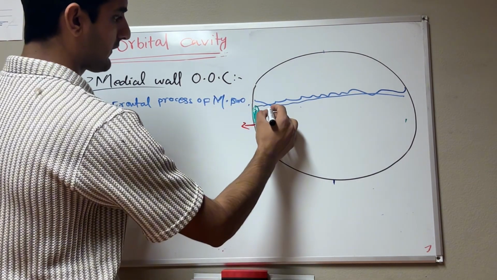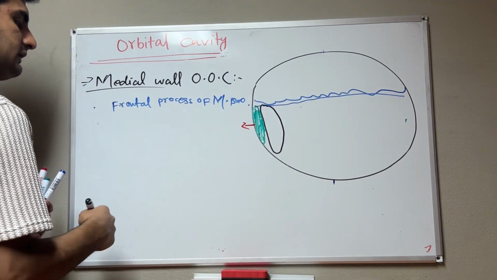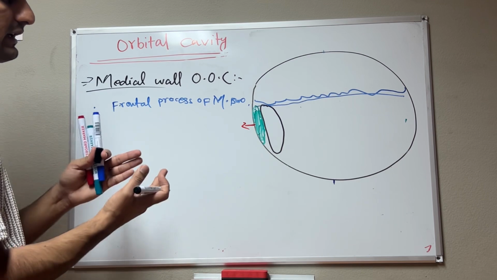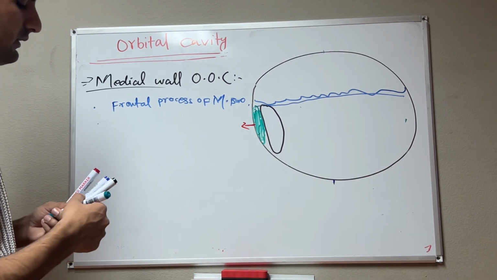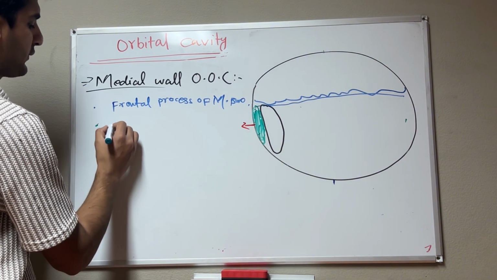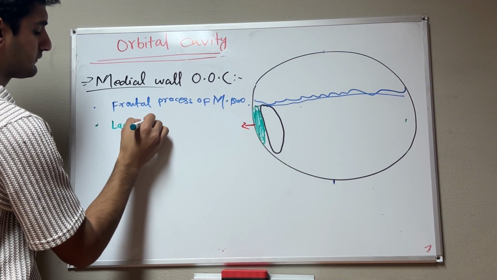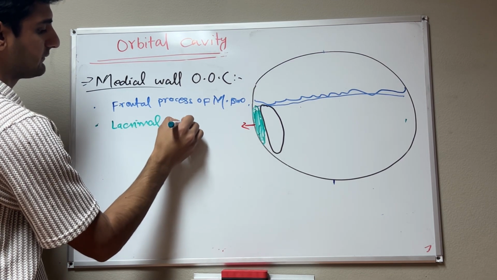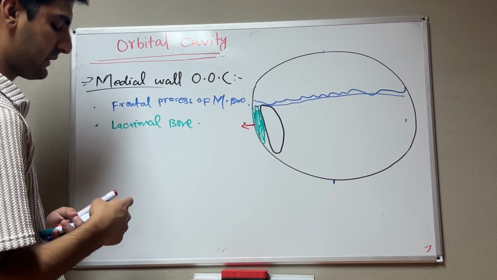Next we have the lacrimal bone. Two lacrimal bones also take part, one in each orbit, because we have paired orbital cavities. Second, we write here the lacrimal bone, which also takes part in the medial wall of the orbit.